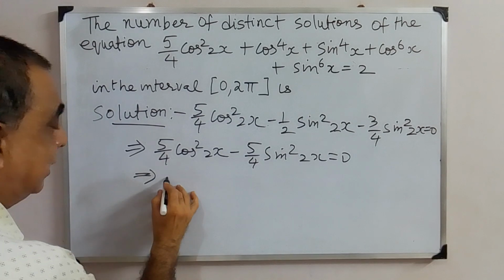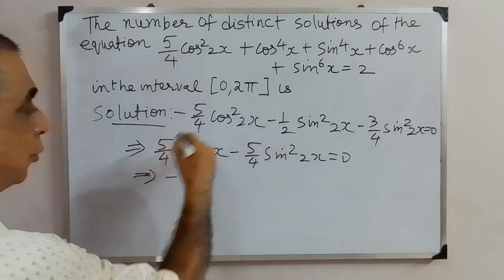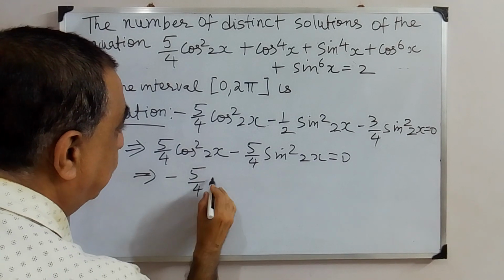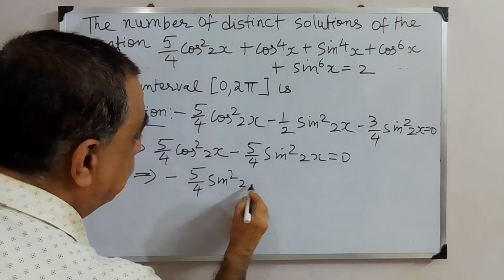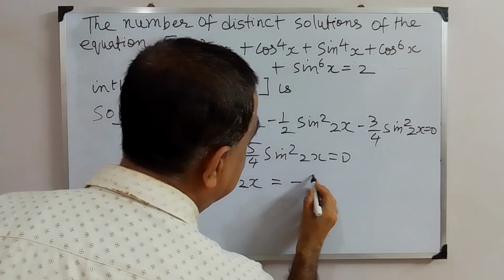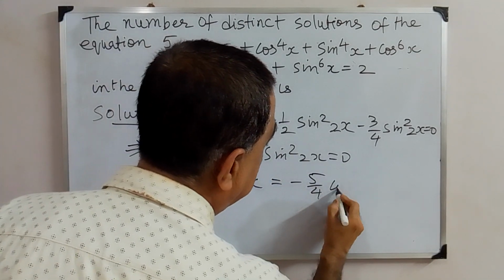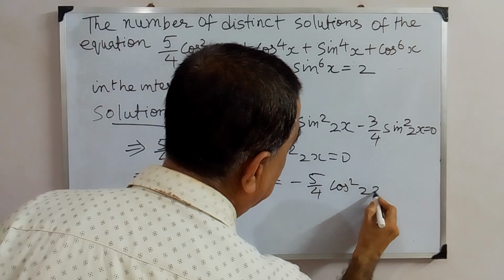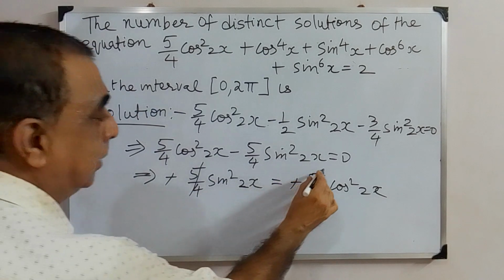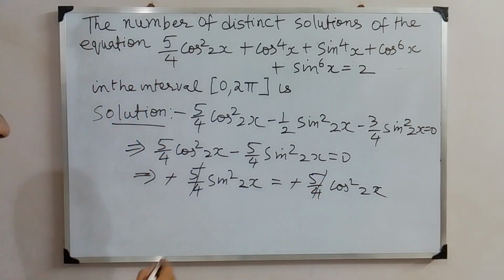Okay, now see here. So I am bringing minus 5 by 4 sin squared 2x to that side. So this will become 5 by 4 cos squared 2x is equal to 5 by 4 sin squared 2x. So 5 by 4 and 5 by 4 we can cut from both the sides.